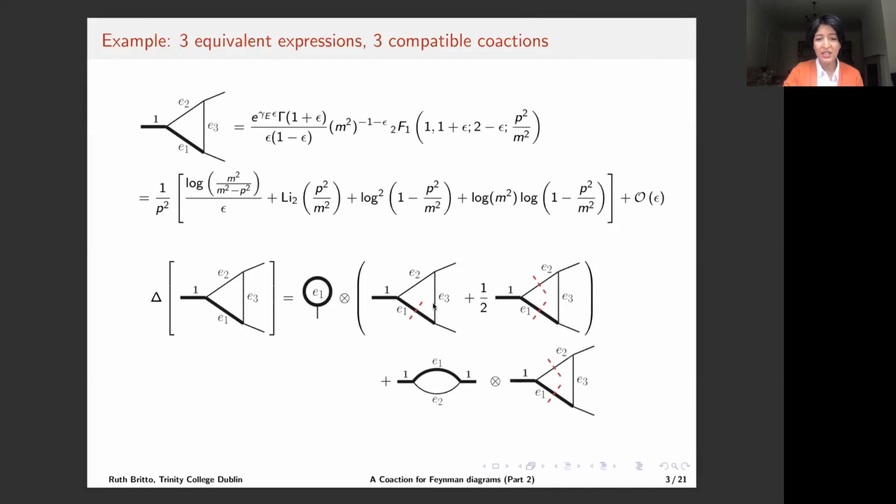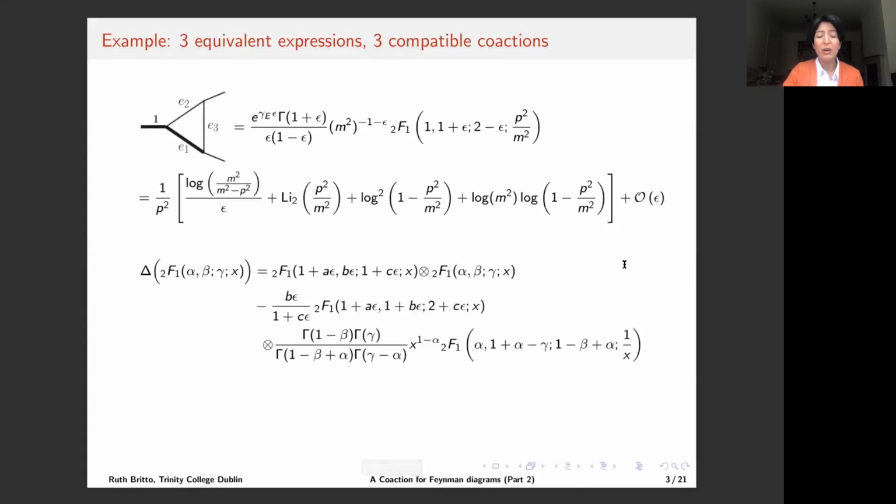We see these uncut integrals in the first entry and the corresponding cuts and these deformation terms that we've mentioned. And now I'm coming to this. This will be an example of a coaction on a hypergeometric function, this one here. Of course, the point we want to make is that this carries exactly the same information as the other two versions of the coaction.